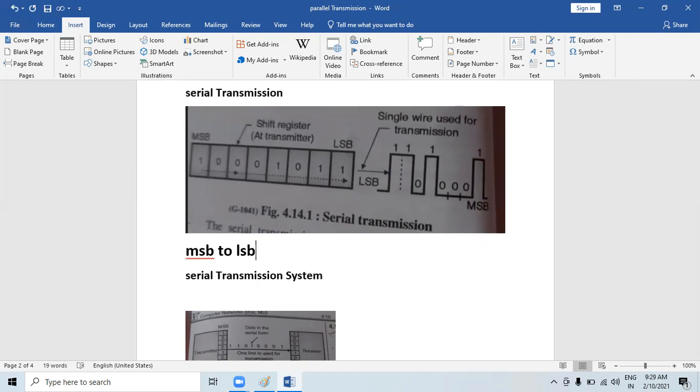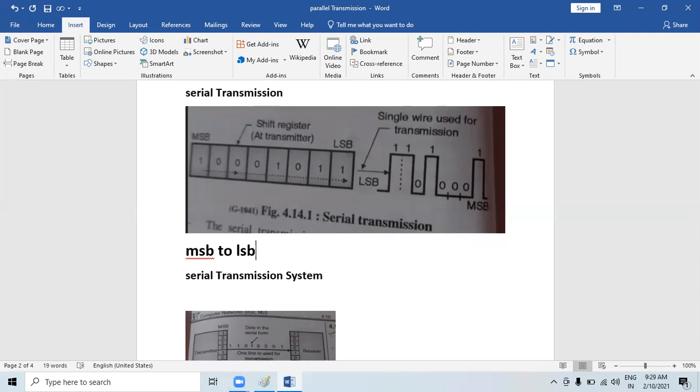The byte to be transmitted is first stored in the shift register. Then these bits are shifted from MSB to LSB, bit by bit, in synchronization with the clock.